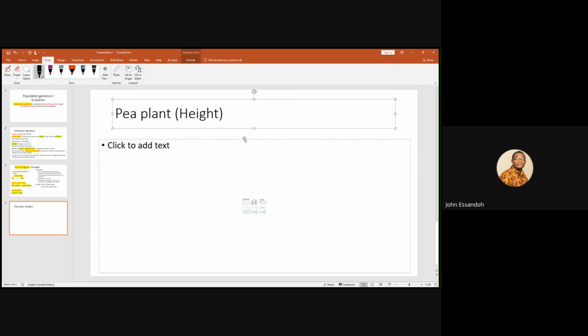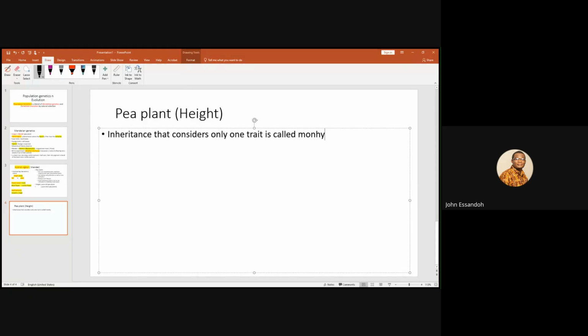So inheritance that considers only one trait is called monohybrid inheritance. Okay, so here I'm going to consider only one trait now.